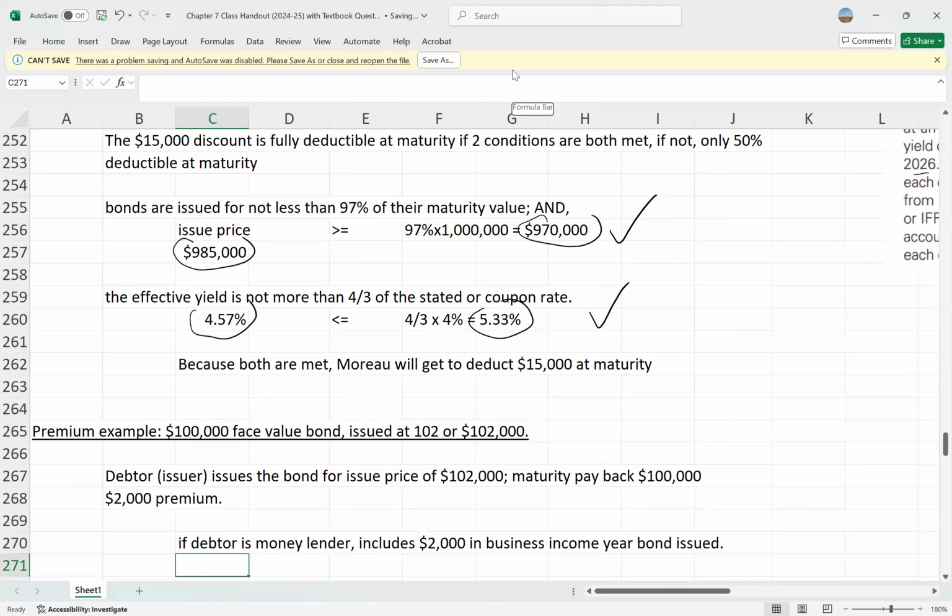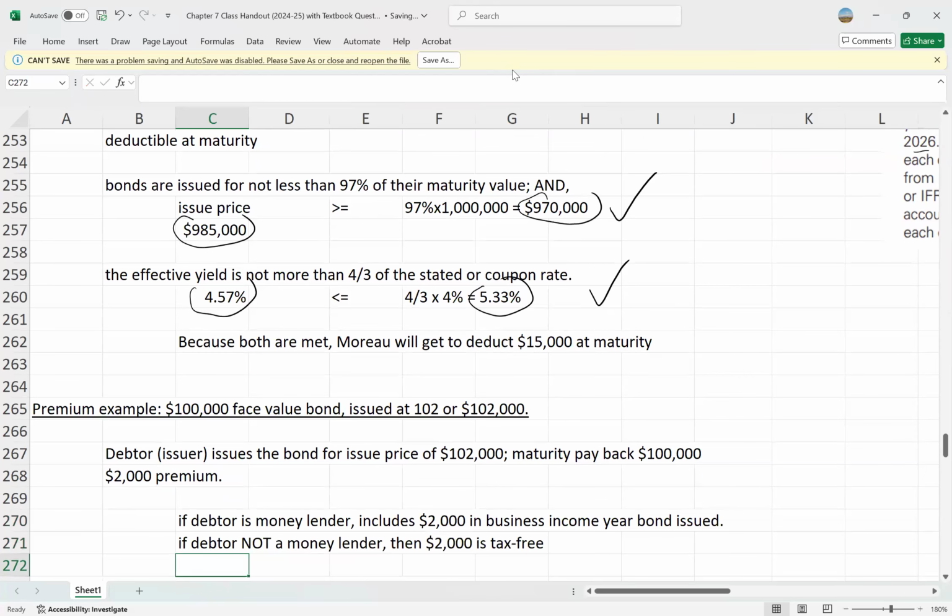If it's not a money lender, then 2,000 is tax-free. So they would not have to include that 2,000 in any sort of income at all. And basically that premium, because it's tax-free, would reduce their overall financing cost.